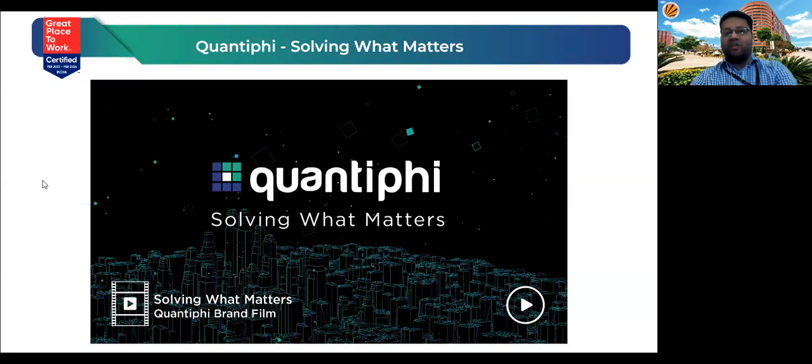Decision science, on the other hand, focuses on leveraging data analytical techniques to improve decision-making processes. So these technologies have reconstructed industries across the globe, from healthcare and finance to manufacturing and entertainment.